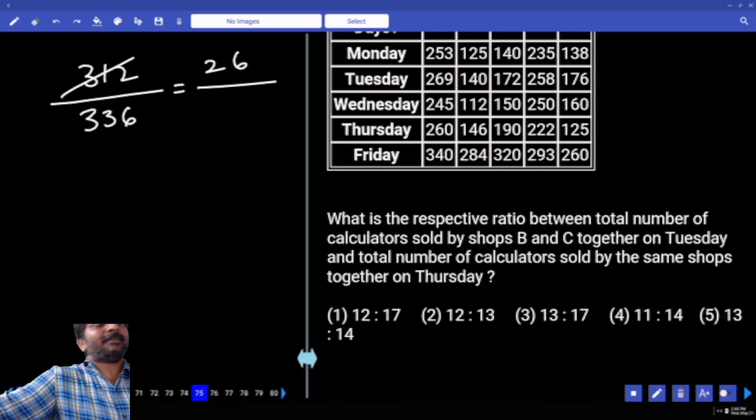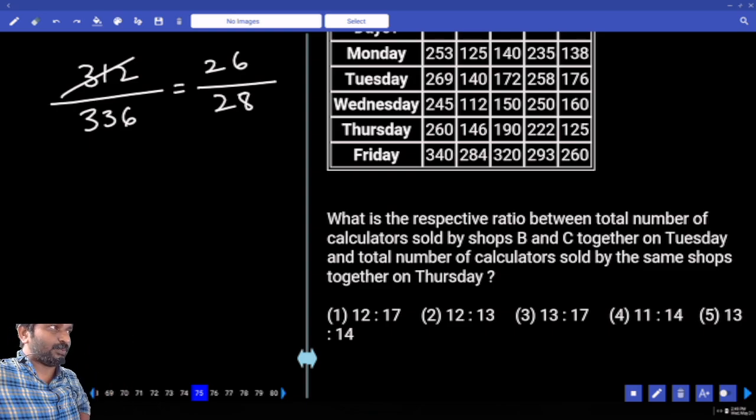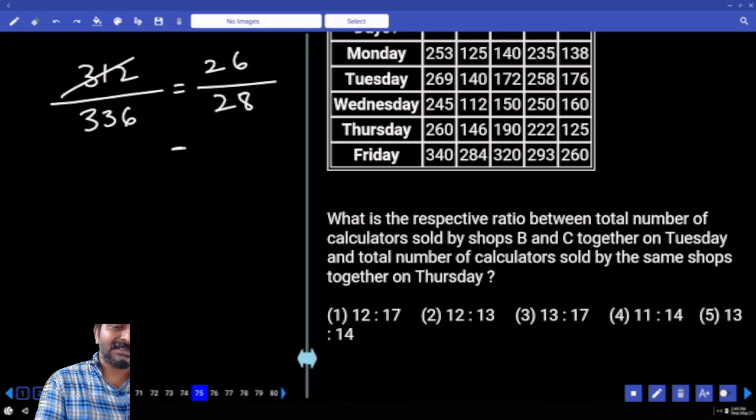How many 12s will be there in 24? If the numerator is 26, by default denominator is 28, right? Don't have to solve it, because denominator is 24 more than numerator. In 24 there are two 12s, you know that point. So if numerator is x, denominator directly it can be x plus 2. Correct. Again simplification.